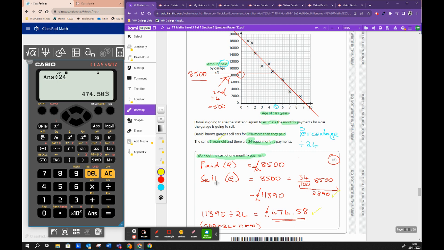It was 5 years old, so good, I've done the right thing there. 8,500, happy with that. That was the price paid by the garage. I then added 34%, so I'm happy that I've done that. Happy that I've dealt with the 24 equal payments. So I'm happy with my answer, and I'll stick with that, 474.58.